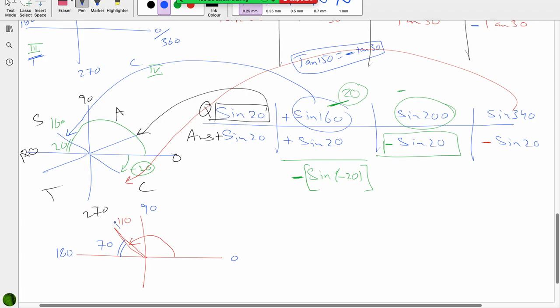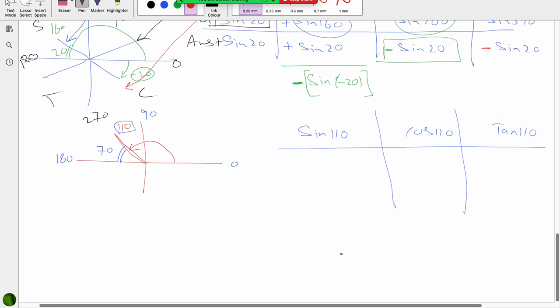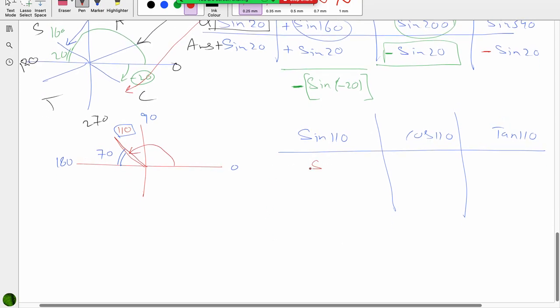Okay, if we started with 110, so sine of 110, cos of 110 and tan of 110. The question is to write exact same values but with acute angles. So we know it is 70. For sine 110, I would write sine 70. For cos, I would write cos 70. For tan, I'll write tan of 70.